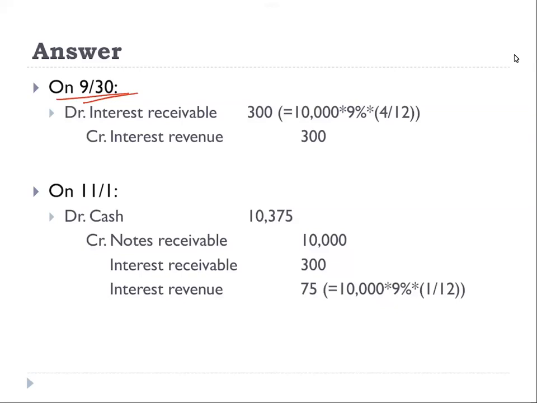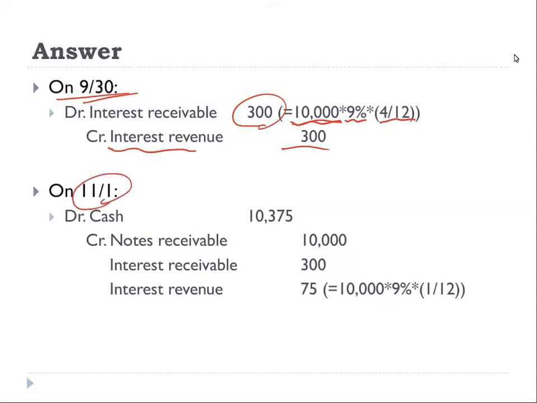So the firm has already earned interest on this note. And how much interest? The face value is 10,000 multiplied by 9%, multiplied by 4 months out of 12 months. So that's going to give us $300. And those should be recorded as interest revenue for the firm.